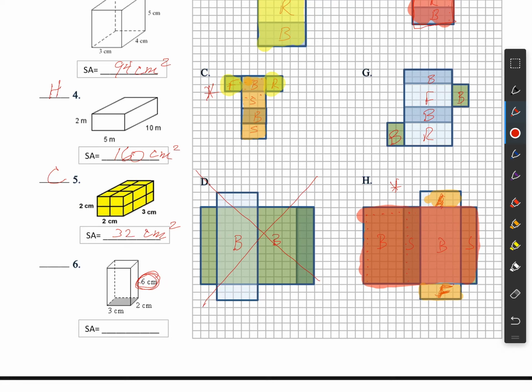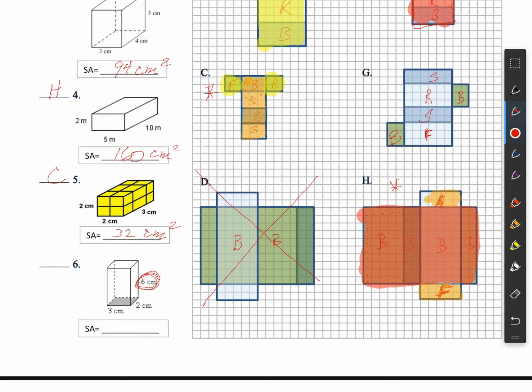Okay, so now if those are the bases, that means we have to change what we've labeled before. Change all those. Okay, this is going to be the front. This is going to be the rear. And these are going to be our sides.